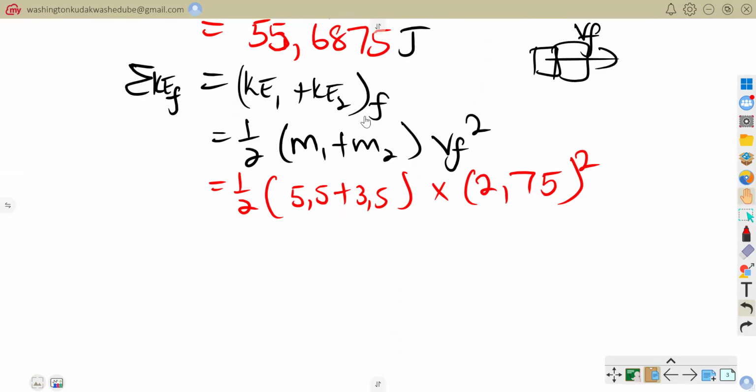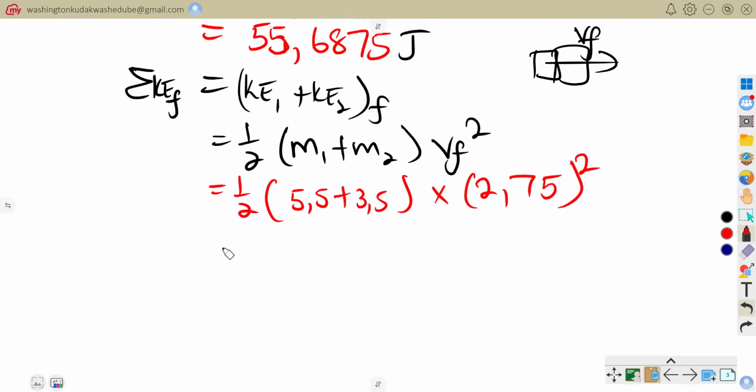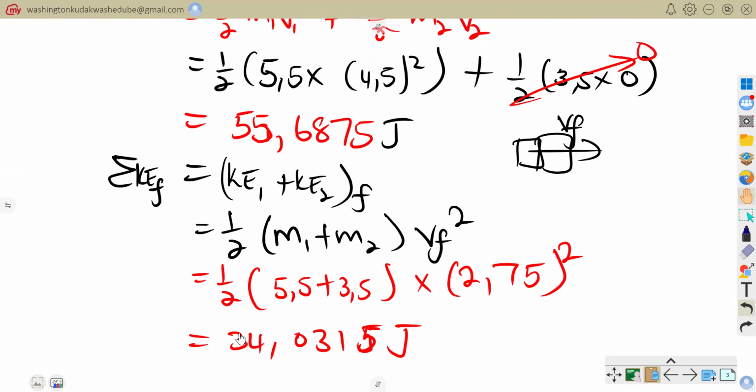That is going to give me an answer of 34.03125 joules. So now I have two answers, the total kinetic energy before and the total kinetic energy after.